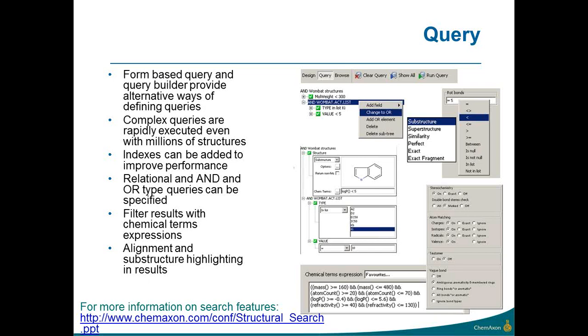And due to Query Builder, which is embedded in Instant JChem, you can build sophisticated queries on relational data, where you can add logic to queries, so you can include or exclude things. And also, due to chemical terms abilities, you can add expressions and filter based on that.